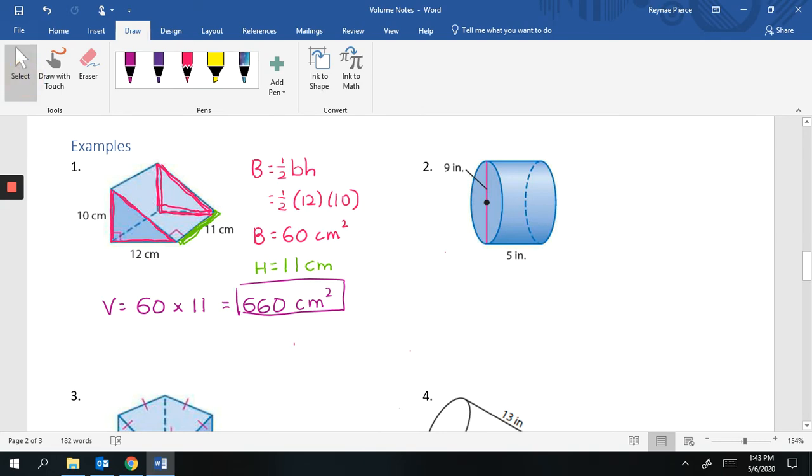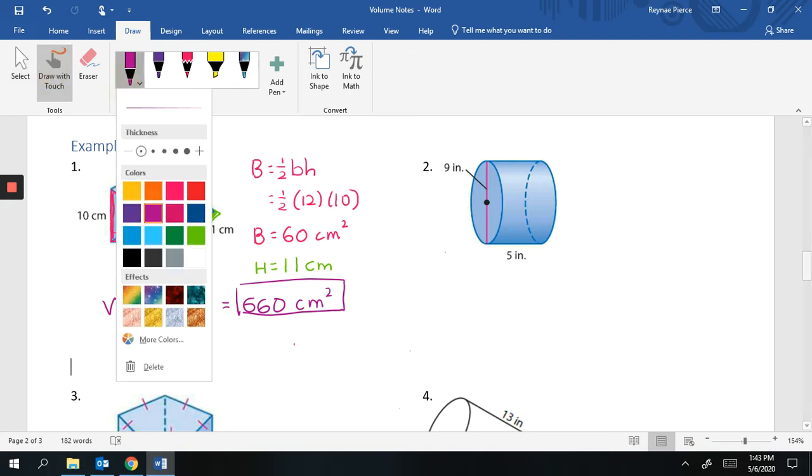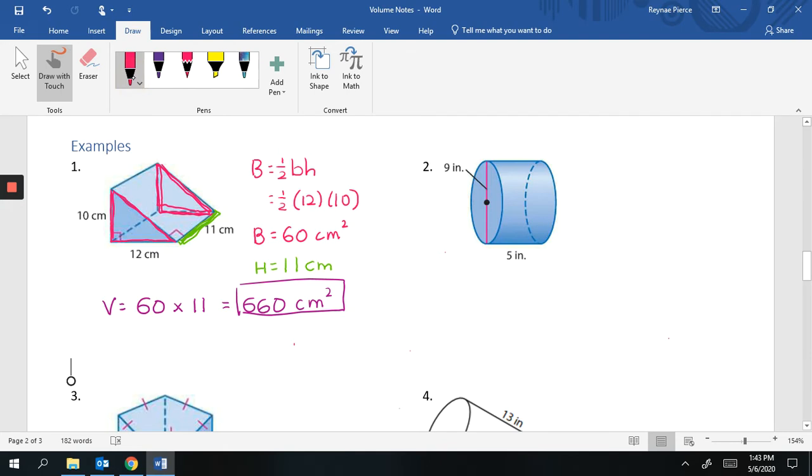Example 2 here, we have a cylinder. Cylinders, remember, their bases are always circles, and to find the area of a circle, we use pi r squared. In this picture, 9 is actually our diameter, and so if 9 is our diameter, our radius is 4.5.